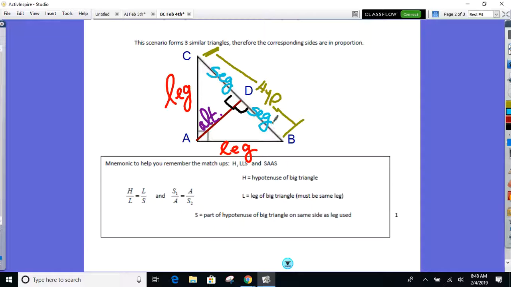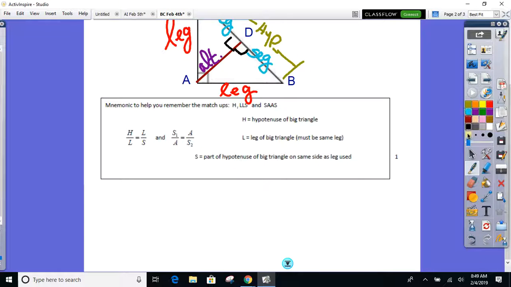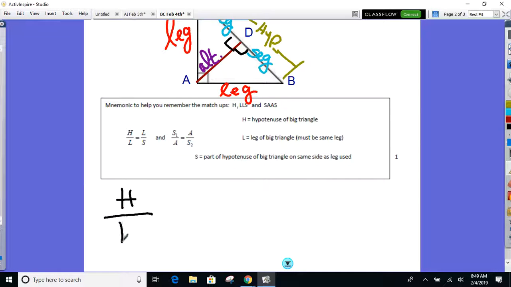So how do I match up all these corresponding sides now without having mind freezes? The first device I'm going to show you is called HLLS. H-L-L-S. There's no I in there. However you kids want to pronounce it on the street. What's it short for? Ready?